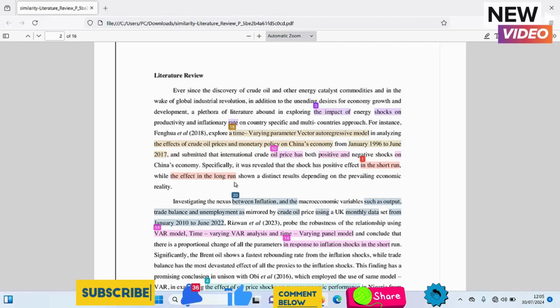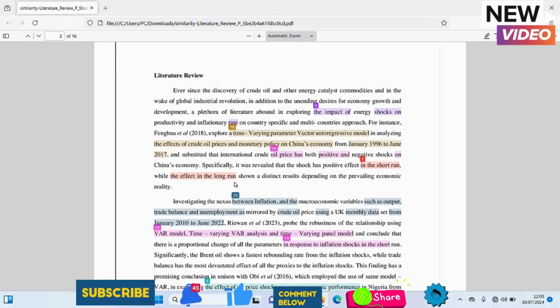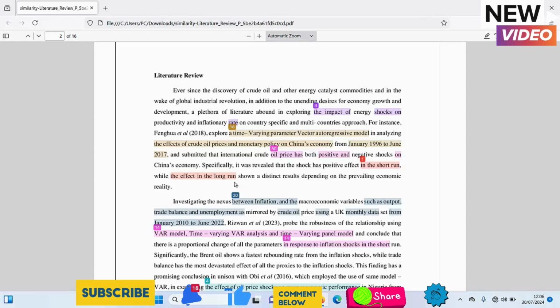Once you summarize like 3 paragraphs, you compress it to 2. You have like 5 paragraphs, you compress it to 3. By the time you finish that, try and check again. You will certainly notice that the similarity index has declined.